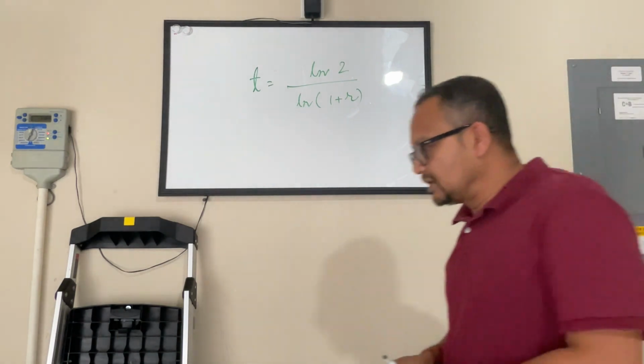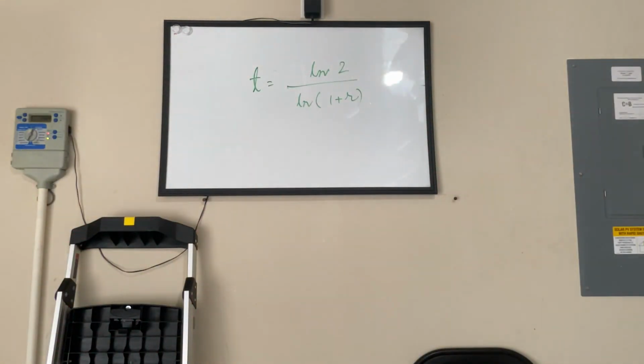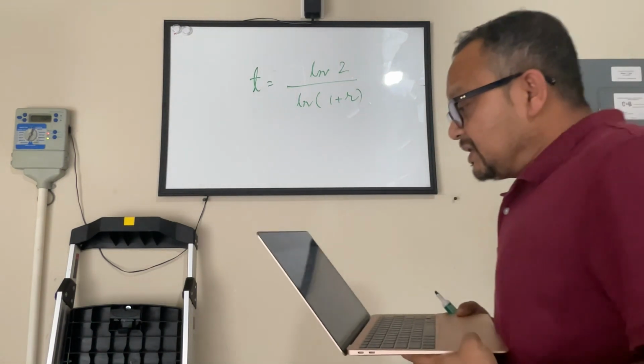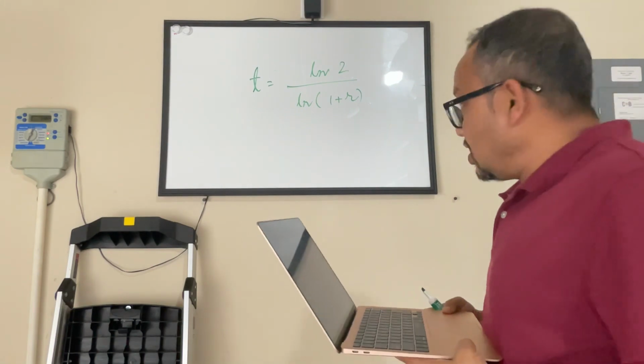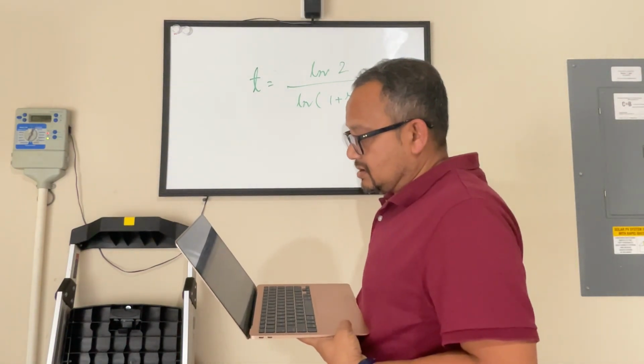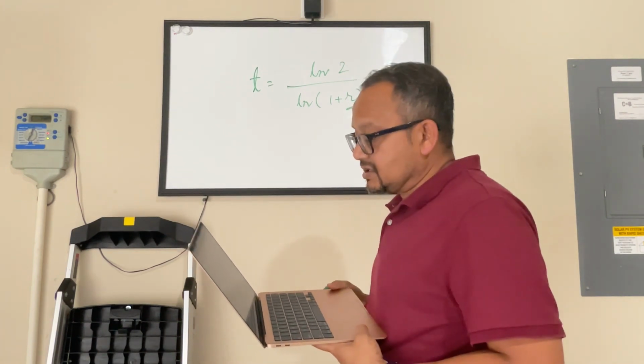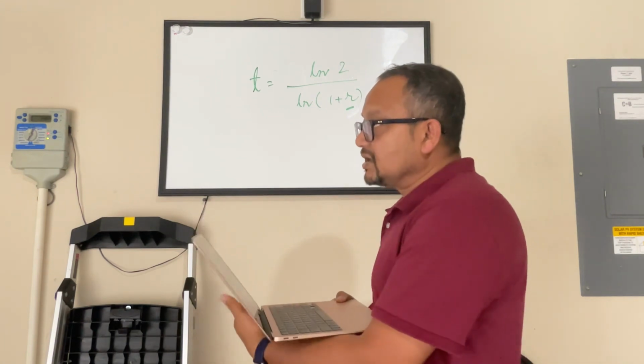I'm still trying to read the question. I'll have to read it one more time. An investment that earns a rate of return R doubles in value in T years. Doubles in value.